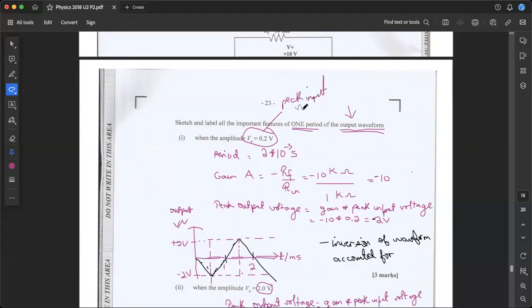They want us to find the peak output voltage that corresponds to that. So we did gain of the amplifier times the peak input voltage, and we ended up with -2 volts.